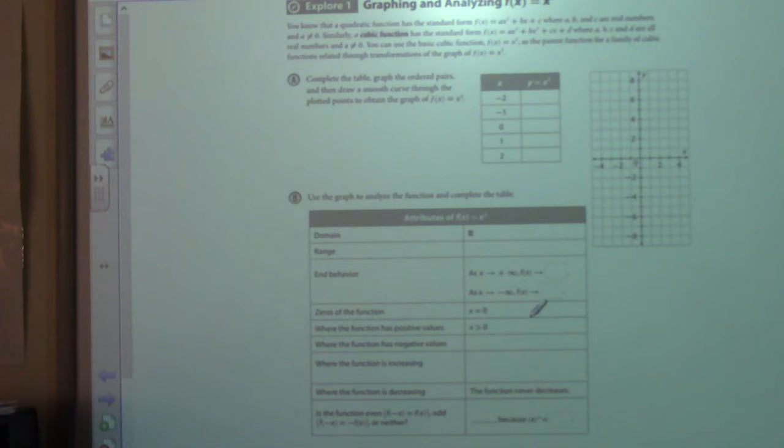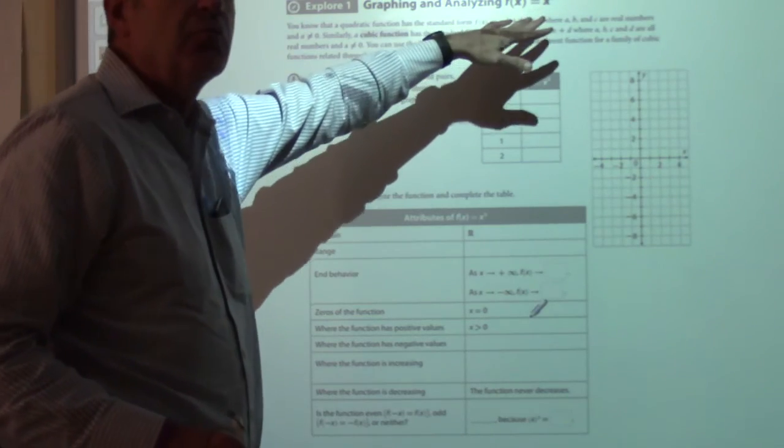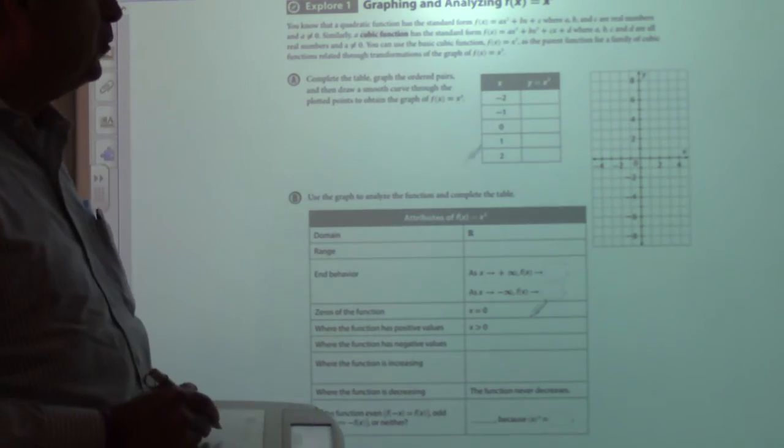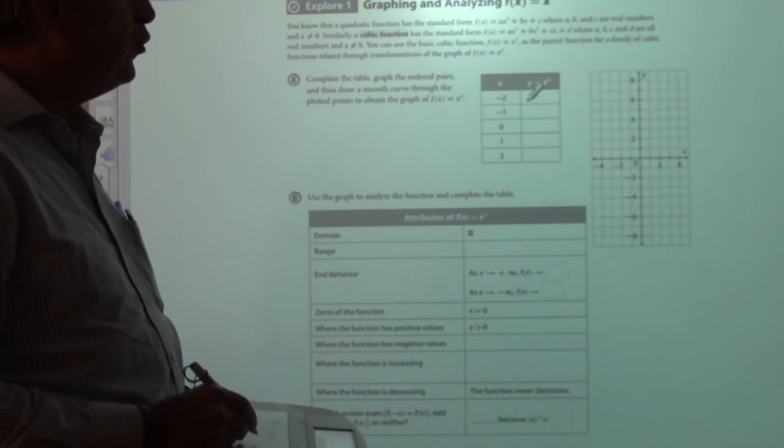Okay, so the first thing we're going to look at today, and we're going to do some work on this first, Sierra, is graphing and analyzing f of x equals x cubed. This is what's called a basic parent function. F of x equals x cubed. If you plug into this function -2, you get an output of -8.